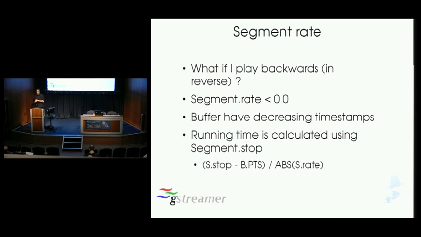So if I want to figure out when I want to synchronize them, it's still the same idea that I want to synchronize them so much time after we have switched to playing, that running time. Except that since we're starting from the end, we're going in reverse. This time we're going to be using the segment stop value, which is essentially saying, from the stop position, I want you to synchronize it.